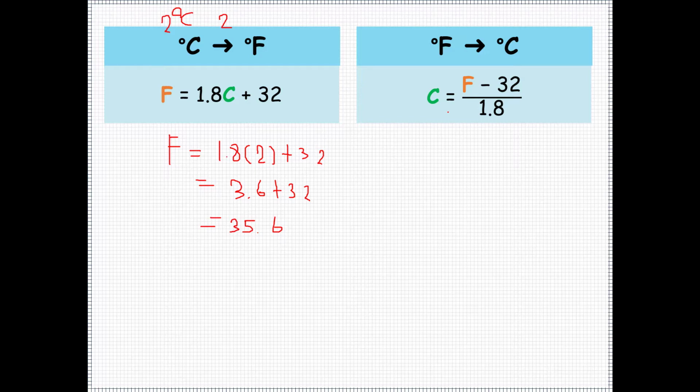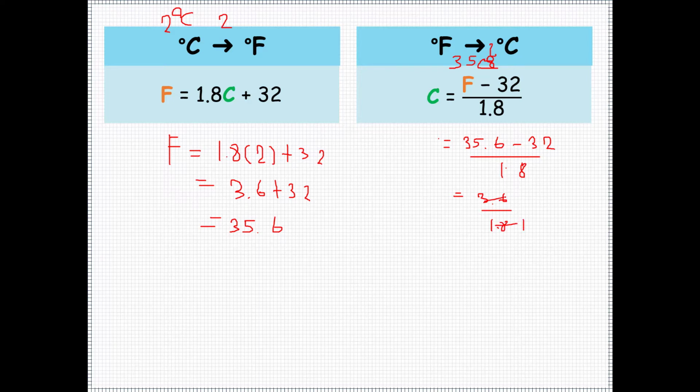If Fahrenheit is 35.6, it's going to be 35.6 minus 32 over 1.8, which is equal to 3.6 over 1.8.